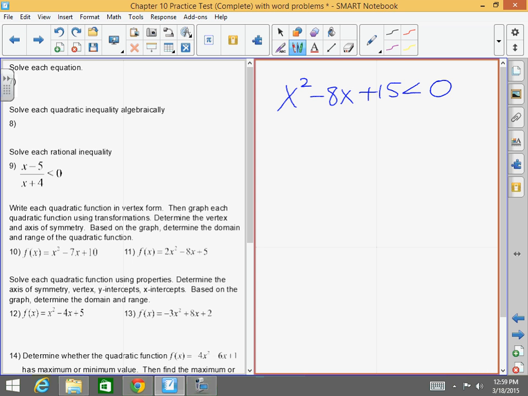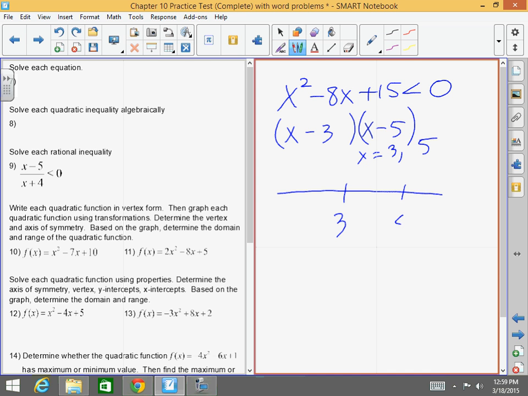Okay, try to factor this. So what times what is 15? What I have to get is negative 8. Negative 3 and negative 5. So I've got x equals 3 and 5, right? So I've got my 3 and I've got my 5.